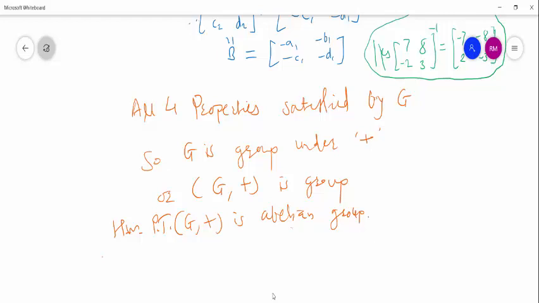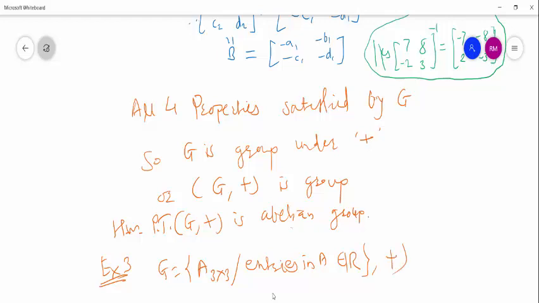We can generalize this and create another example. Suppose G is a set of all matrices of order 3 by 3, and entries in matrix A are real numbers. Then we can show this is a group under addition.